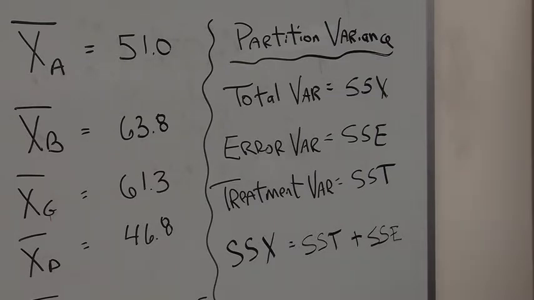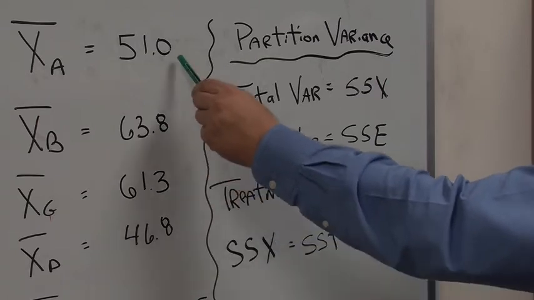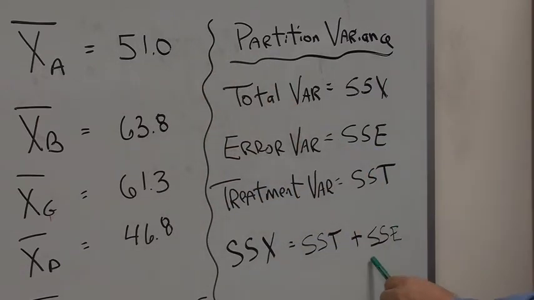So in other words, if there was no variance within each of these groups, then SSE, sum of squares error, would be 0, and in that instance SSX, sum of squared total, would equal SST, sum of squared treatment.